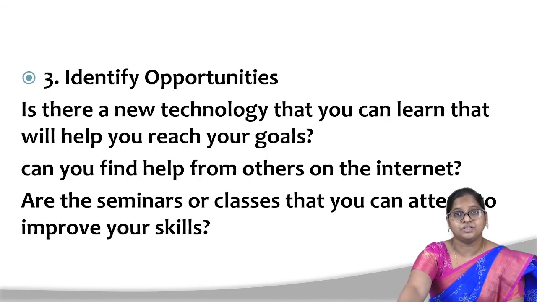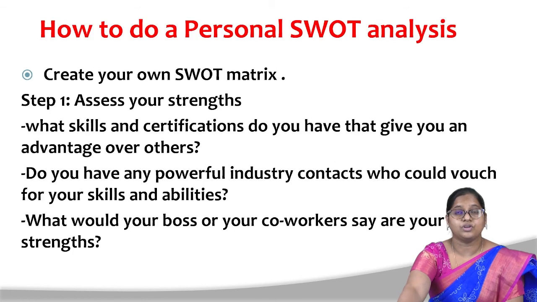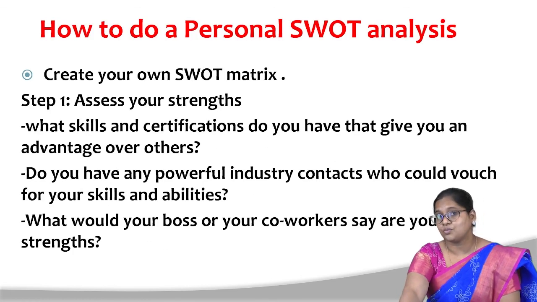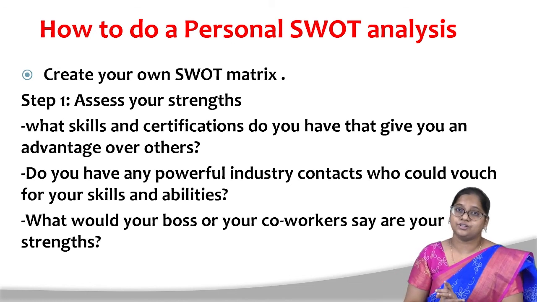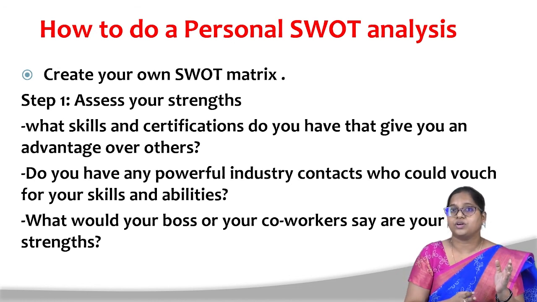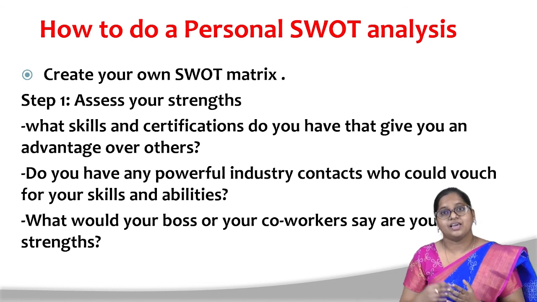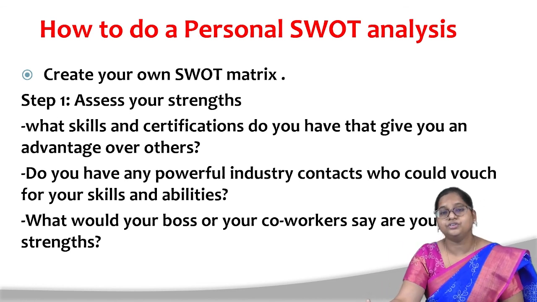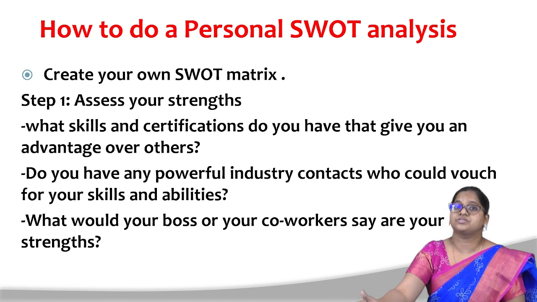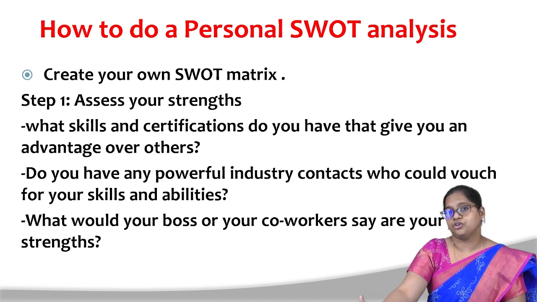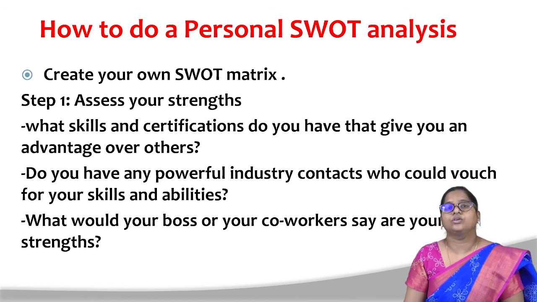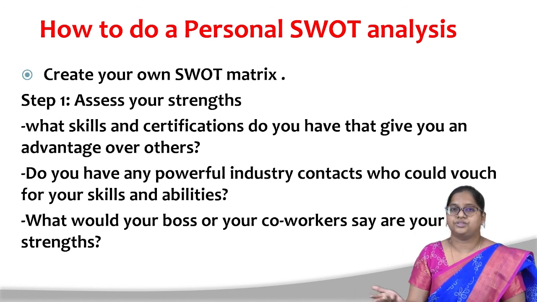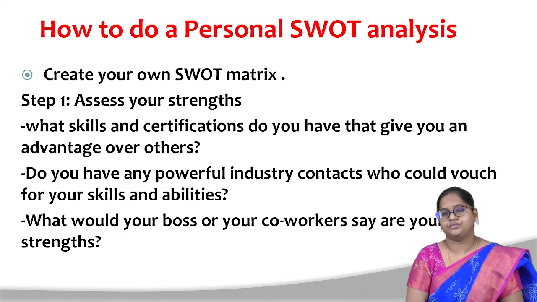So we have looked at how to do it. Just a while ago, we understood how you can arrange all these things in a matrix box of four quadrants: your strengths, weaknesses, then evaluate your opportunities, and finally work on the challenges or possible threats that you have for your future.